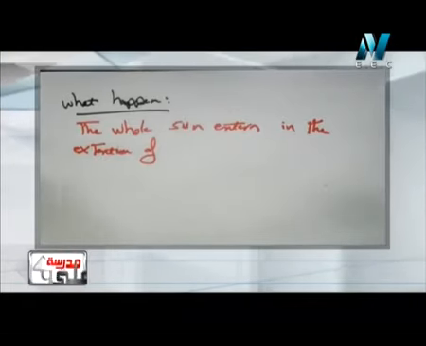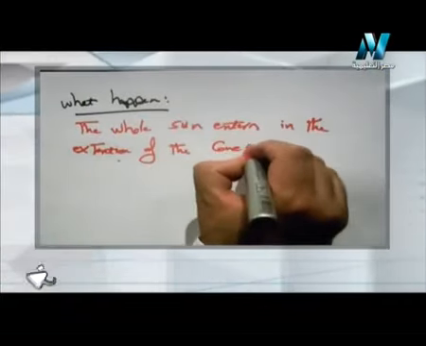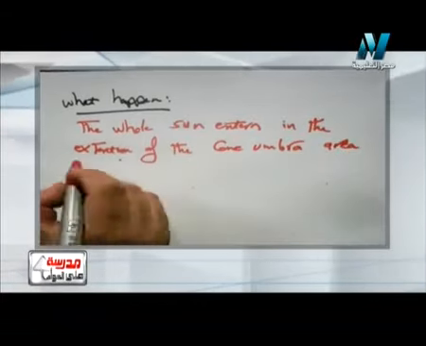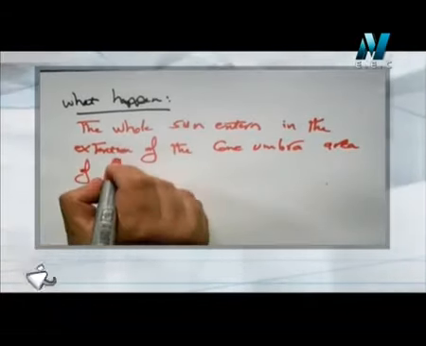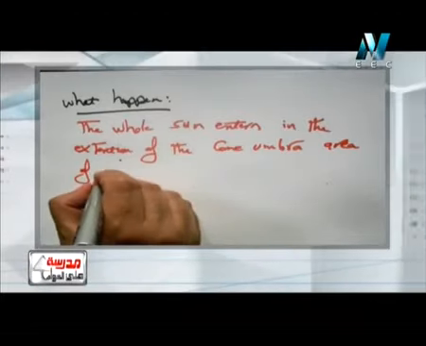The moon or the earth will be in the extension. The question is the whole sun enters in the extension of the cone umbra area. The cone umbra area of what? I can guess, area of the moon.